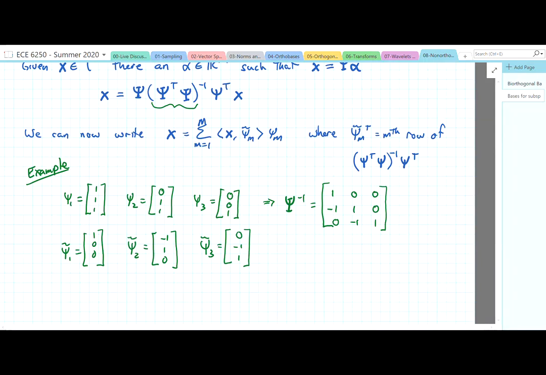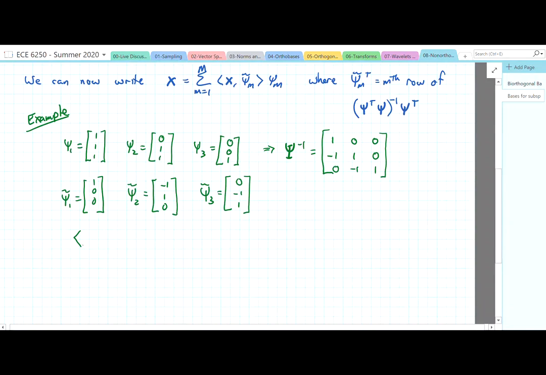And we can see that psi 1 with psi 2, or psi 3, is not zero. Psi 1 with psi 2 is equal to 2, and so on.